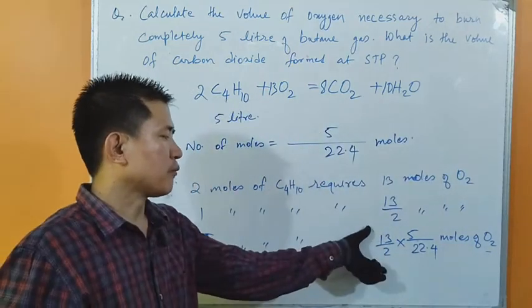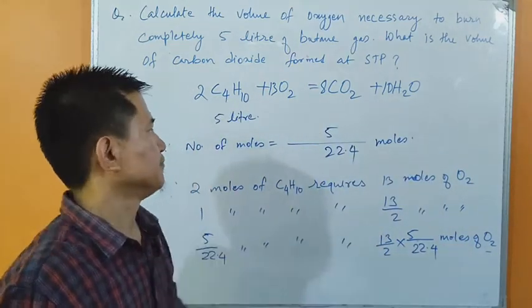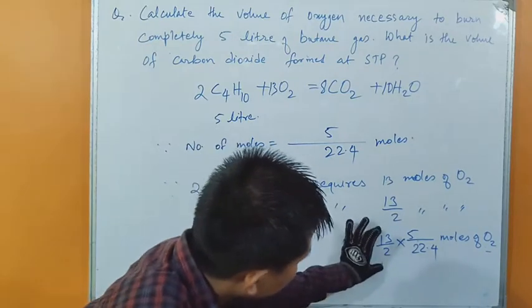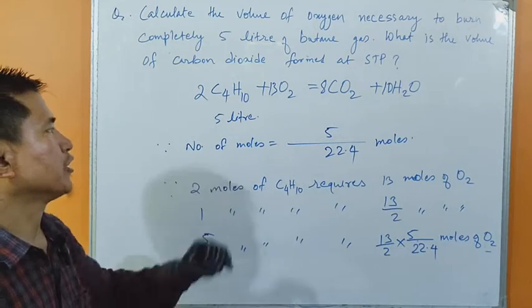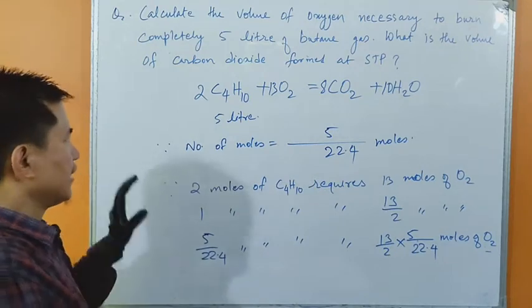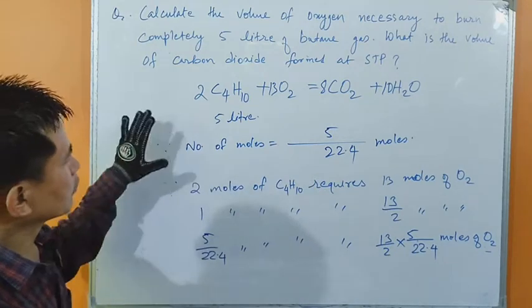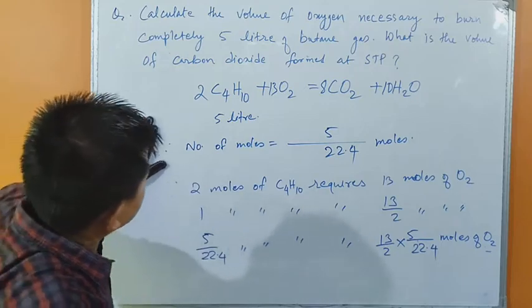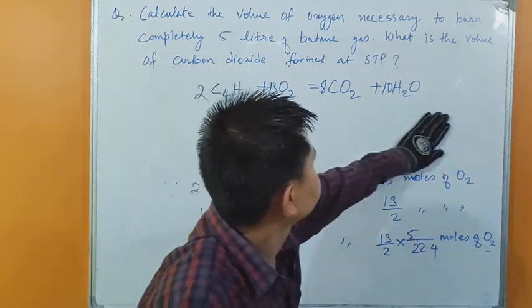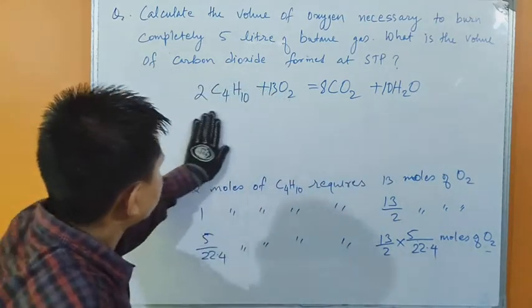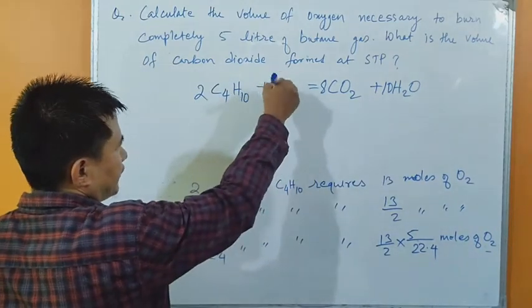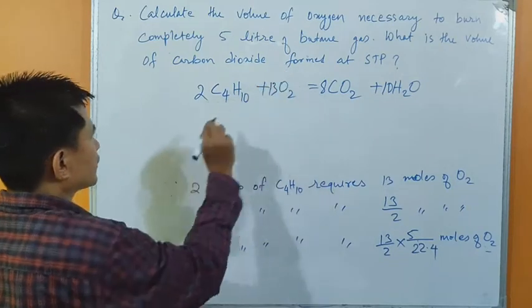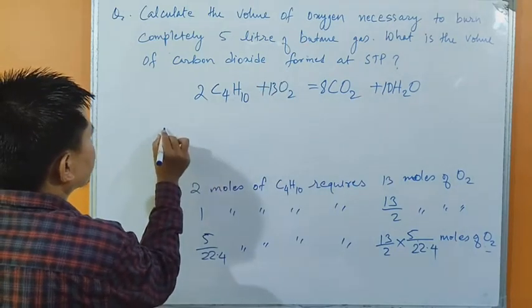We have found the number of moles of oxygen gas. The number of moles of oxygen gas is this much. Now we can find the volume of oxygen gas easily. Okay, please take a screenshot of this. I'm going to erase the upper part so that I can get enough space to continue the sum. Now, to find the volume of oxygen gas, we will write the formula.